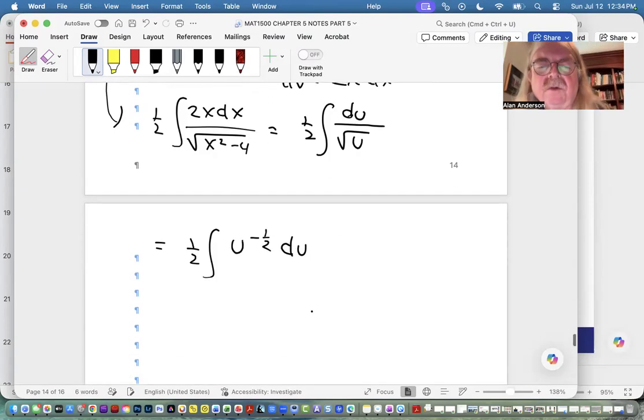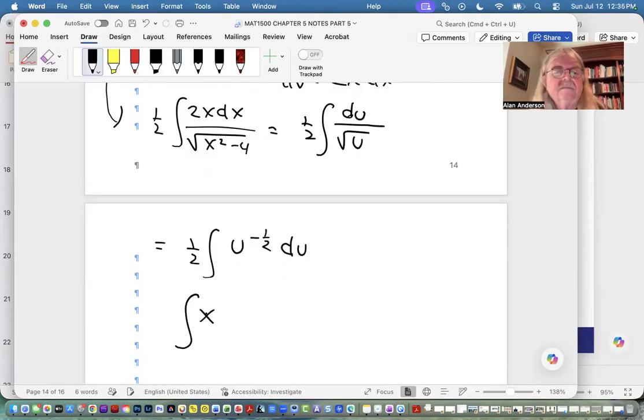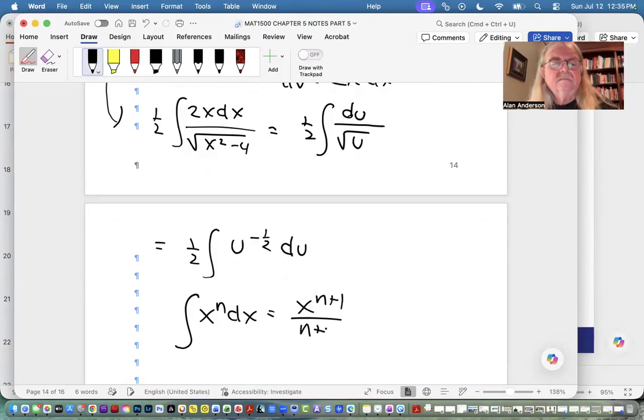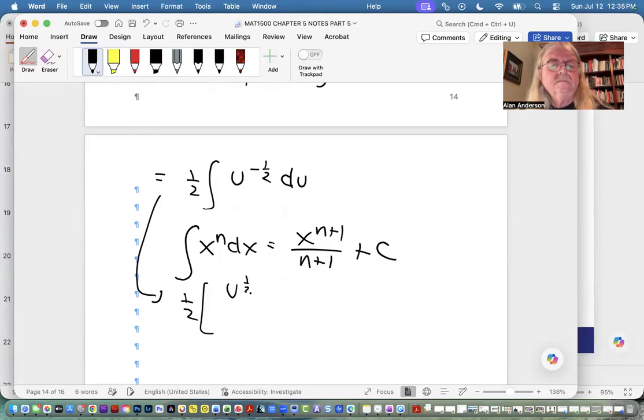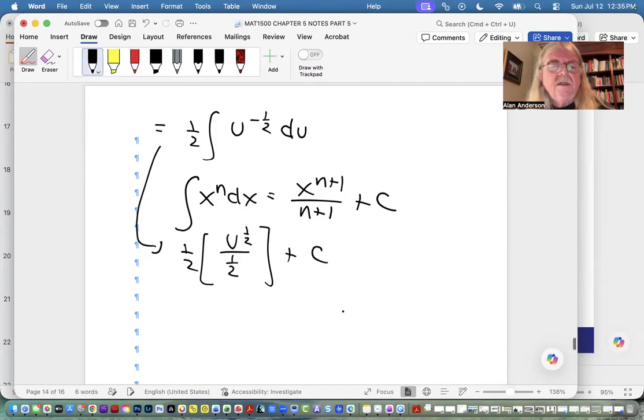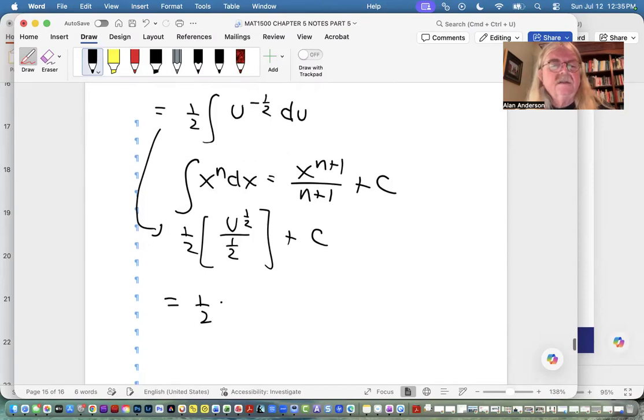And of course, we'll apply the power rule. So that leaves us with, and that of course gives us, these drop out.